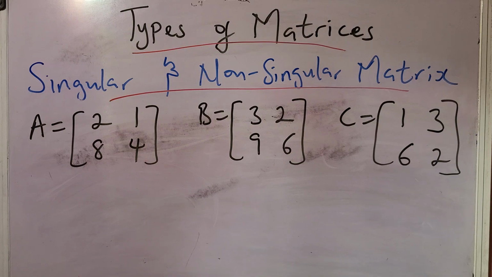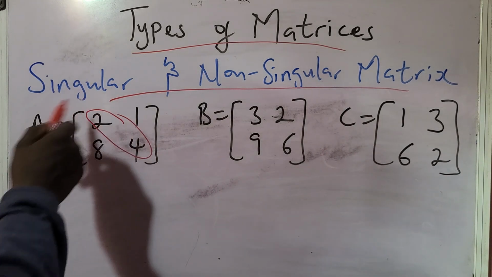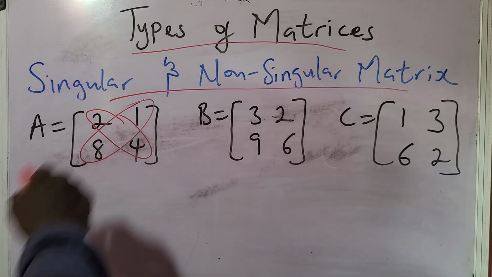All right, let's quickly determine if these matrices are singular or non-singular. Matrix A, I told you already that the condition is for you to check the determinant. If the determinant is 0, it's singular. If the determinant is not 0, anything apart from 0, it's non-singular. Finding the determinant, obviously this will be multiplication of this minus multiplication of this.